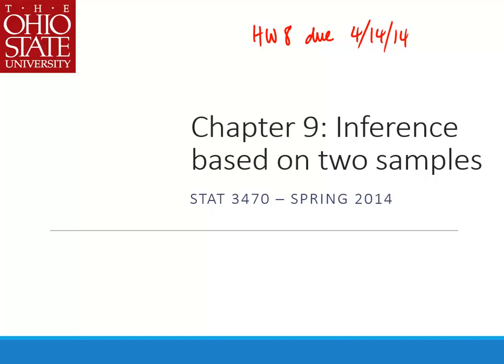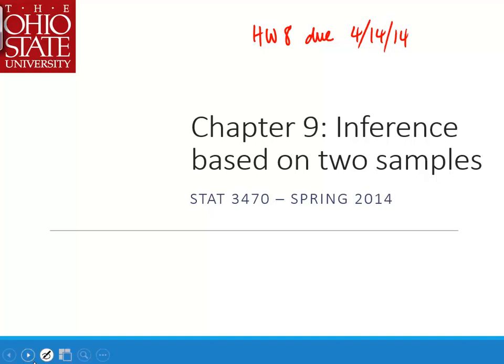Well, we're going to wrap up our discussion on Chapter 9, talking about doing inference, confidence intervals, and hypothesis tests on 2 samples. So far we've talked about the t-test, and also the z-test, for 2 populations when we're looking at the difference in population means.